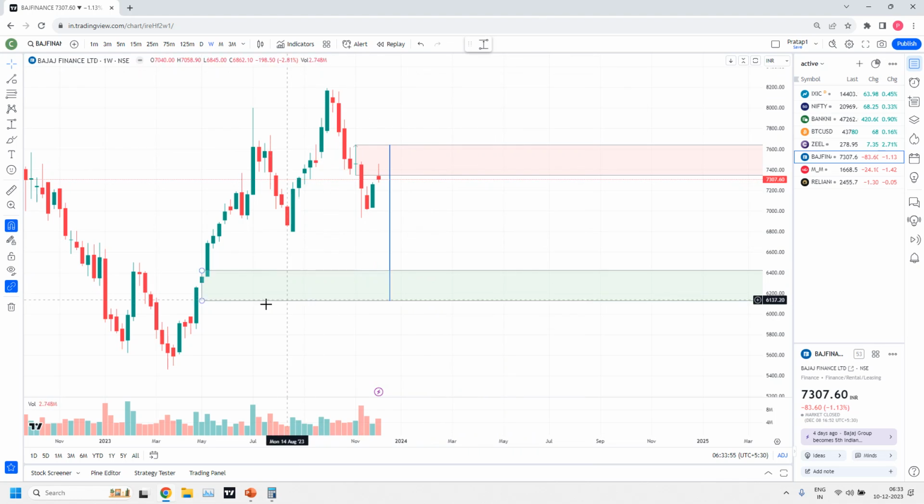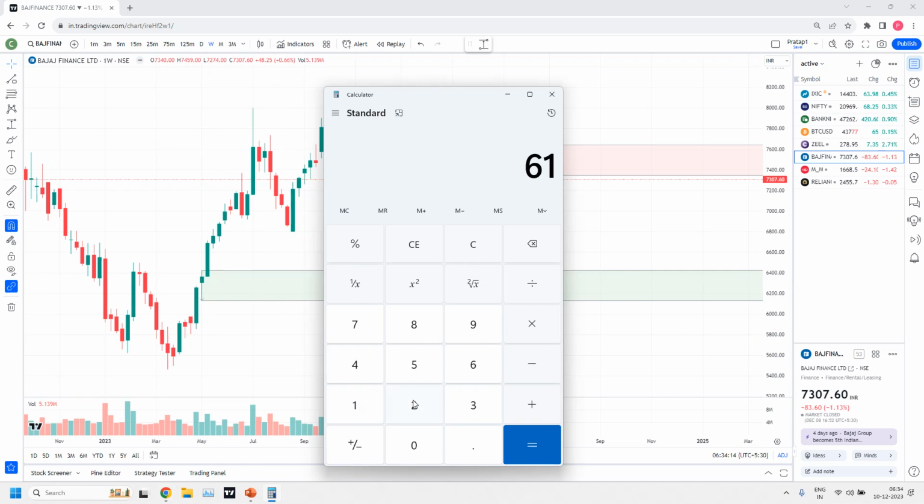Okay, what is this distal line value? The low of this base candle, the demand zone base candle. What is the low? 6129.90. This is the distal line of this demand zone. From here, you need to add the 502 points we saved.